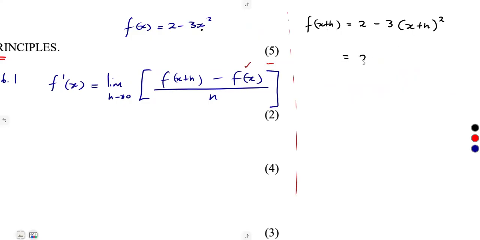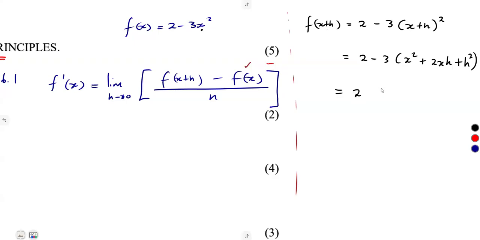And guys, I have told you about this expansion. You can do it the way that you understand, but at the end, you are going to obtain x squared plus 2xh plus h squared. All right, remember our expansion.